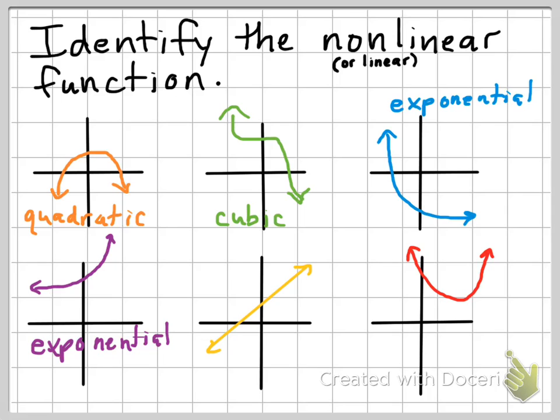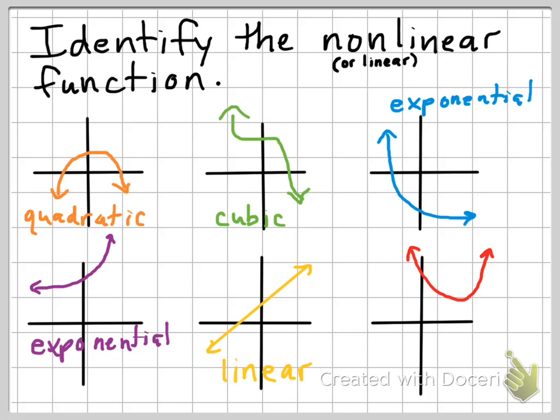Now the yellow one, just trying to trick you a little bit, honestly, because it's not quadratic, cubic, or exponential. You should recognize this one as a linear function because it's a straight line. Okay, so the yellow one is linear.